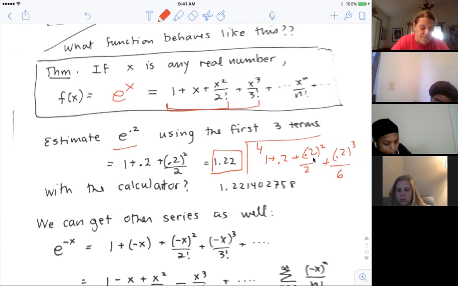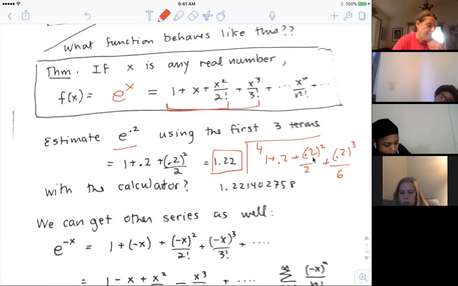Hang on. 0.2 cubed divided by 6, don't put that in parentheses. 0.2 cubed divided by 6. Okay, tell me what you guys are getting.